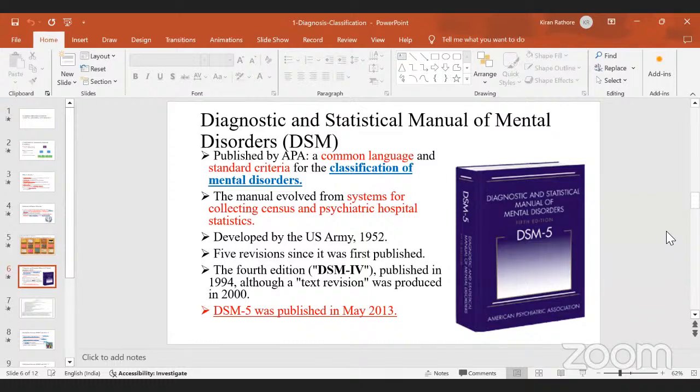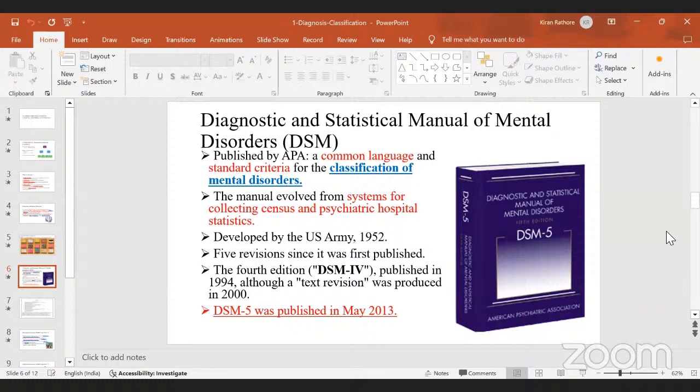This forms the main guide for mental health providers in the US only. We use DSM as a reference to understand a little bit more about mental disorders. But all over the world, if you are giving an official diagnosis, we use ICD.